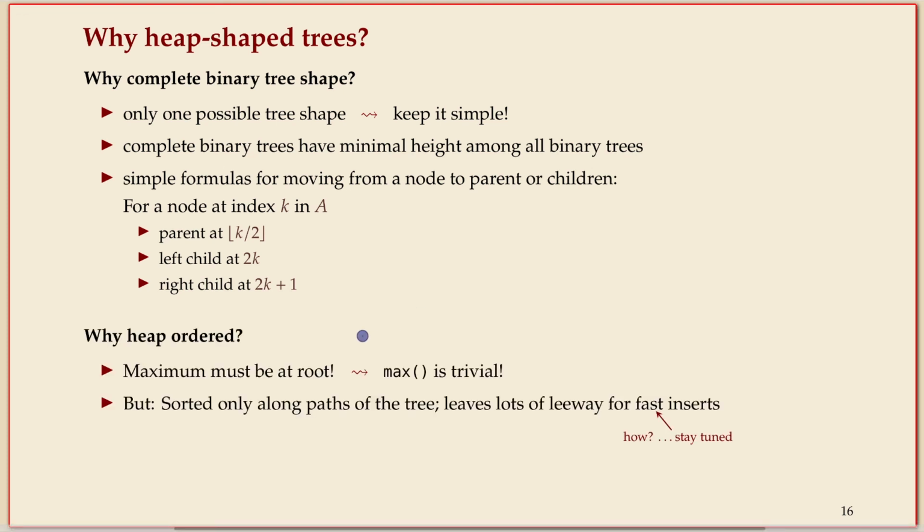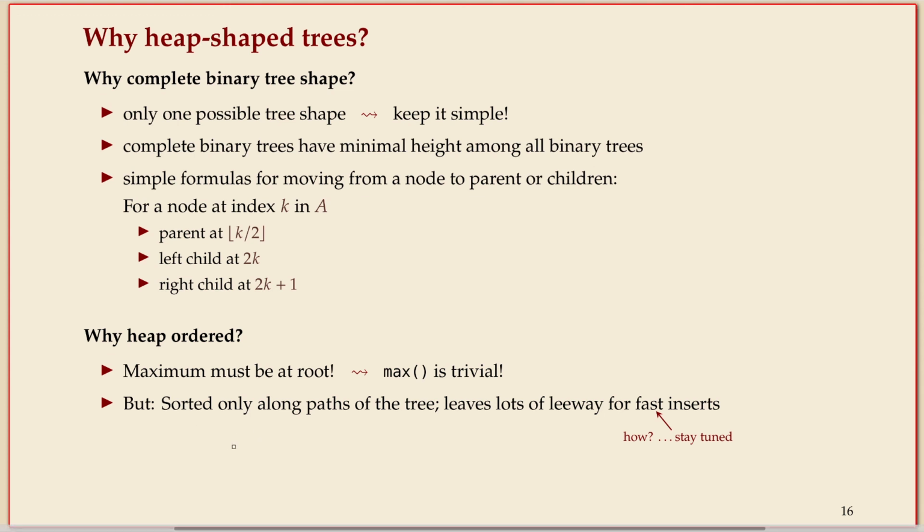The second bit of the definition was heap order. And that one's more obvious, I think. At least one thing is obvious. If the maximum's at the root, that's good if we want to find the maximum. Then we can just look at the root and we know it. Now, deleting the maximum, the other key operation in priority queues, will have to work a bit harder, but it's doable. The other thing is, it is sorted, but only very mildly so.